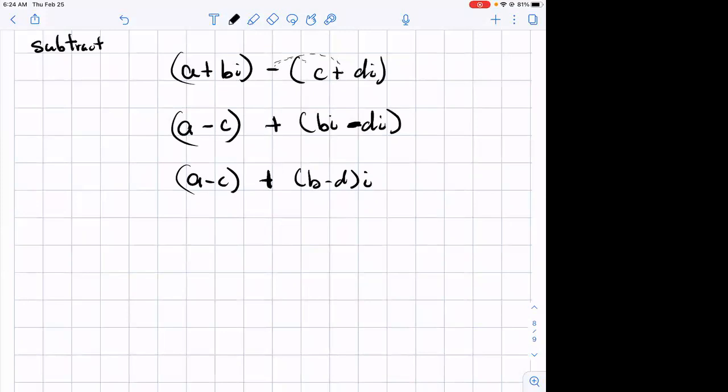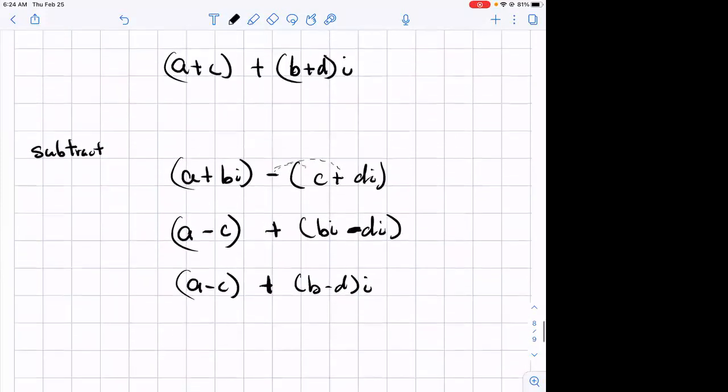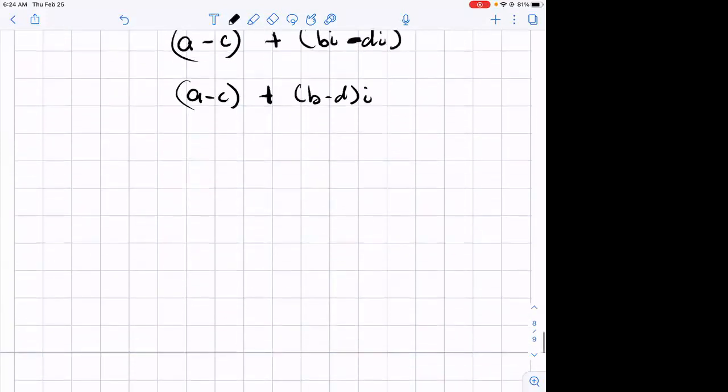So don't get frustrated with the notations. When you see the way it works, it becomes just like adding and subtracting polynomials. Yeah. So let's look at an example.